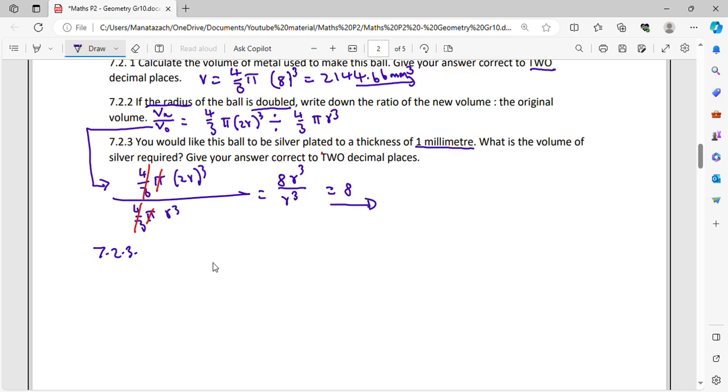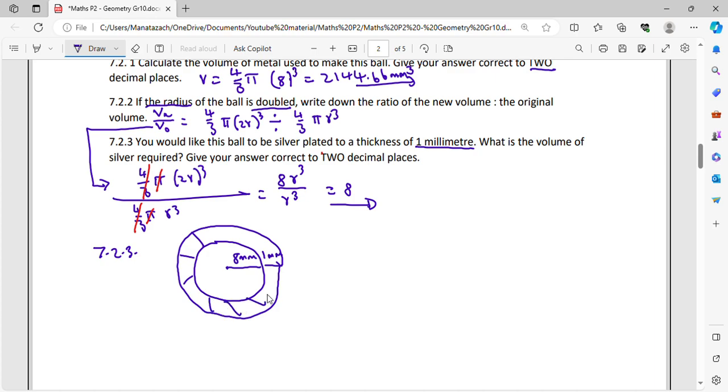Okay, let's first picturize what you've been given. The original radius is 8 millimeters. We've been told that there is a silver plate of thickness 1 millimeter that will go around the ball. So basically we need to calculate the volume of the entire thickness of the silver plate.